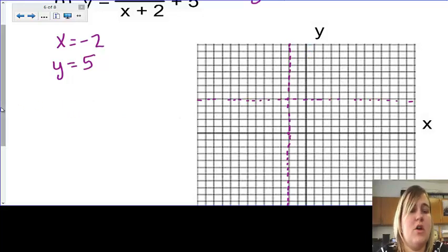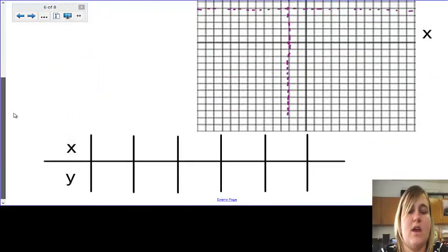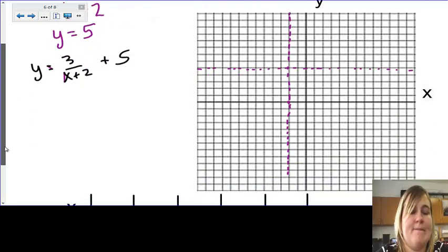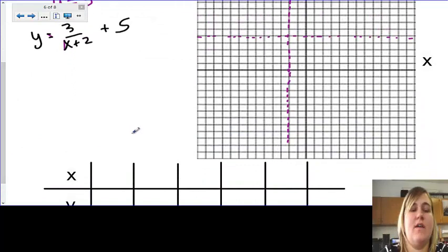Okay. So then what I'm going to do is create my table. So I'm going to rewrite this. Y equals 3 over x plus 2 plus 5. Okay. So values for x, if I plug in 1, I will have 3 over 1 plus 2 plus 5, which is going to give me 3 over 3, so it gives me 6.